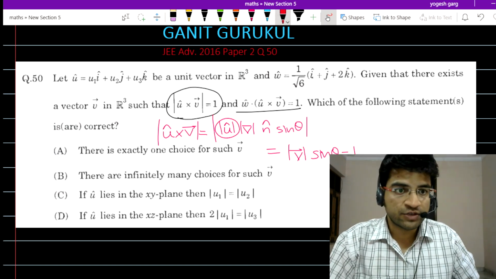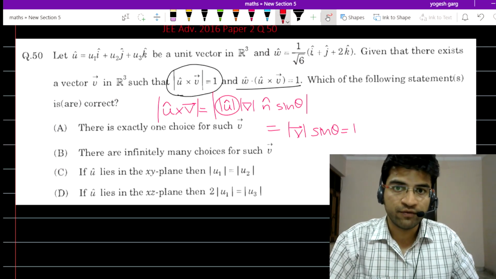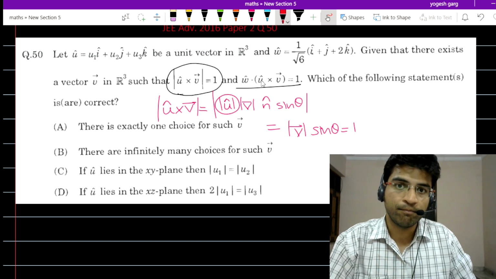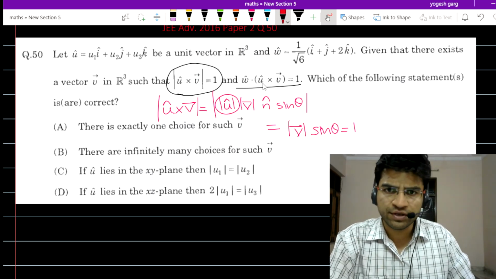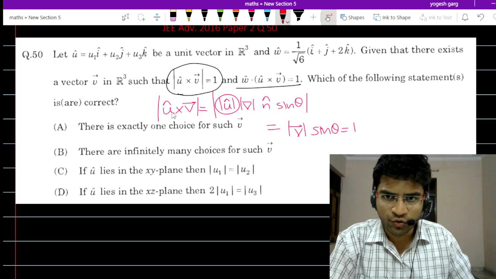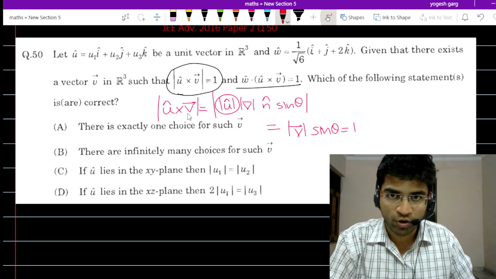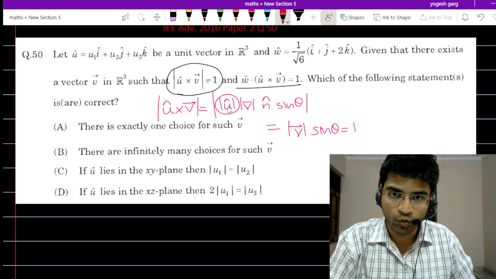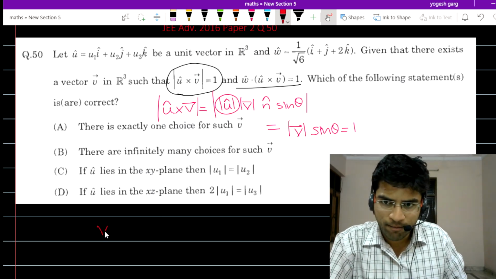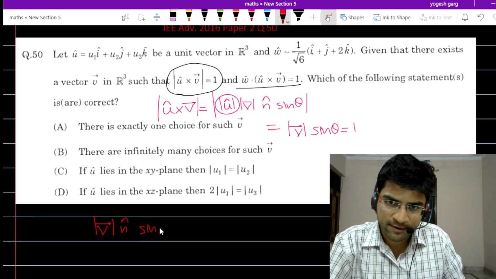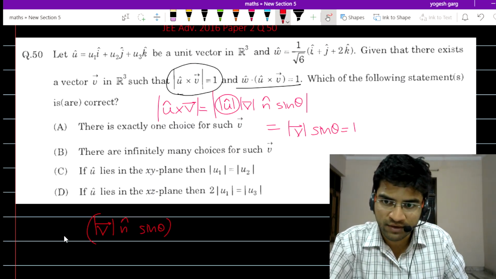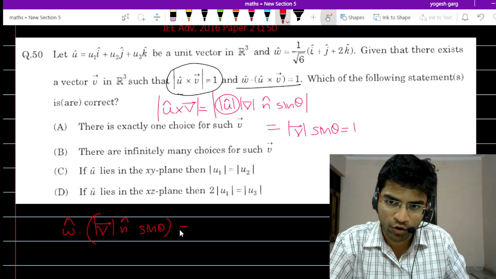Another thing which we can think of is W cap dot U cap cross V vector, right? It is equal to 1. Now how to go about this? We have already written U cap cross V vector is equal to mod U, that is 1, mod V n cap sine theta. So we can clearly write this as mod V n cap sine theta, and we have to do dot with W cap, which is equal to 1.